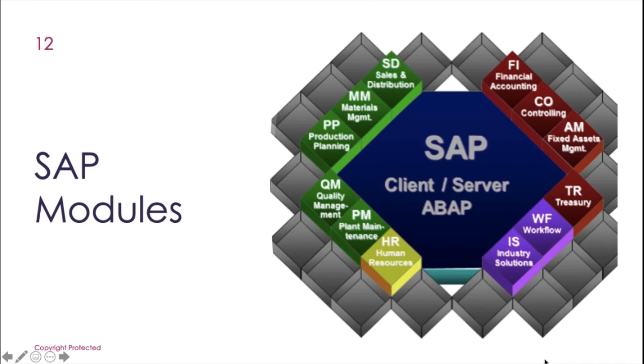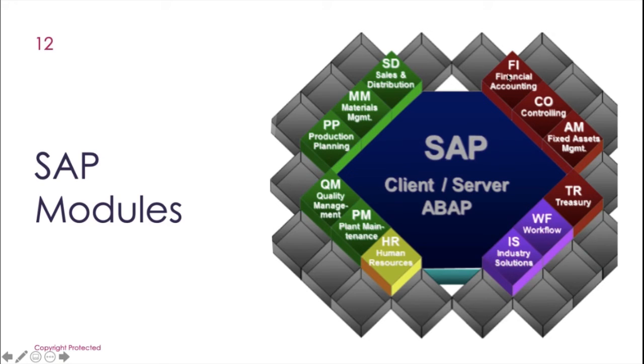If you take SAP, for instance, SAP core has some modules which are fundamental and need to be implemented, and there are some modules which are ad hoc and which are better if implemented. For instance, sales and distribution, material management, and production planning are very critical. Similarly, quality management is also to some extent critical.